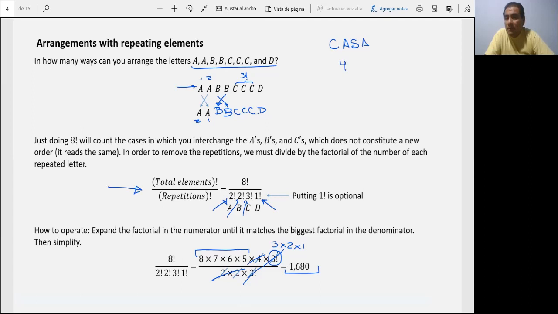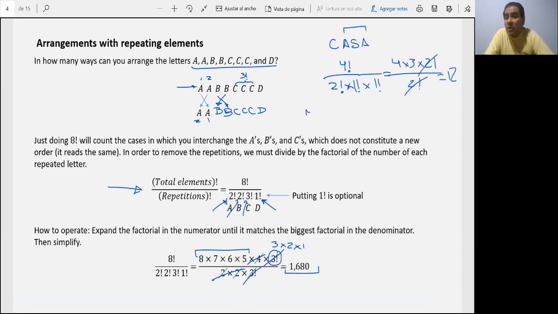So it would be 4 factorial, for the 4 letters, 4 symbols, divided by the repetitions, if any, which is just here, these 2 repeated, 2 factorial, and the C is just 1 time, and the S is just 1 time. So the 1 factorial division means nothing, right? So it's 4 factorial, 4 times 3 times 2 factorial divided by 2 factorial, it's 12, the answer, okay?